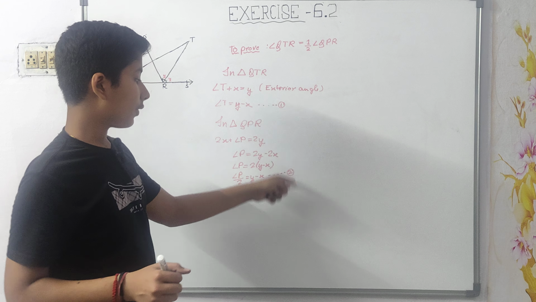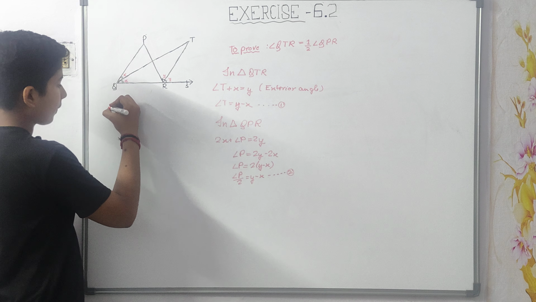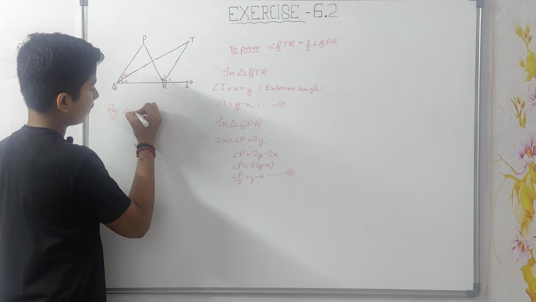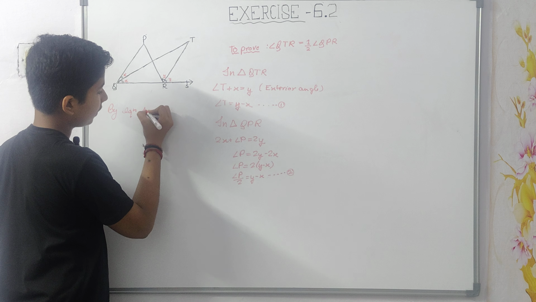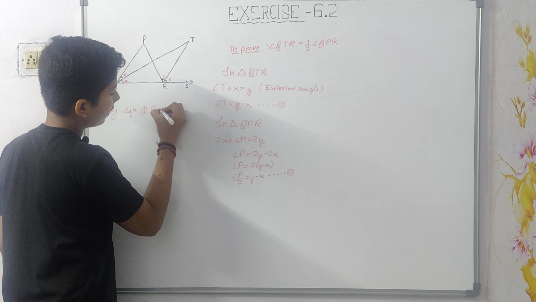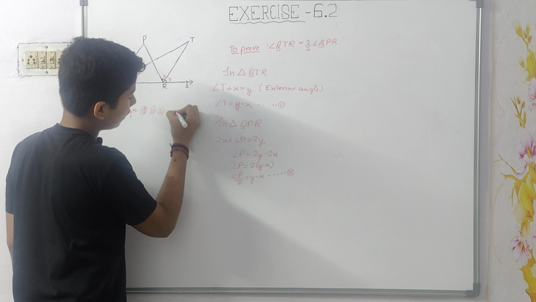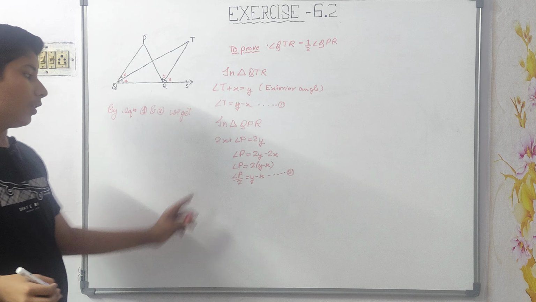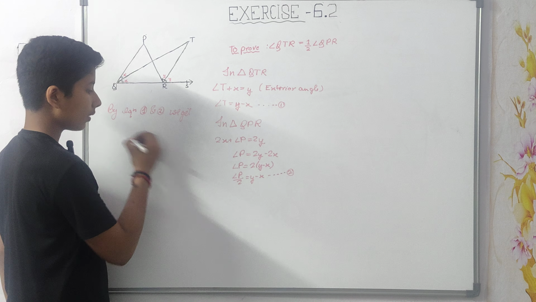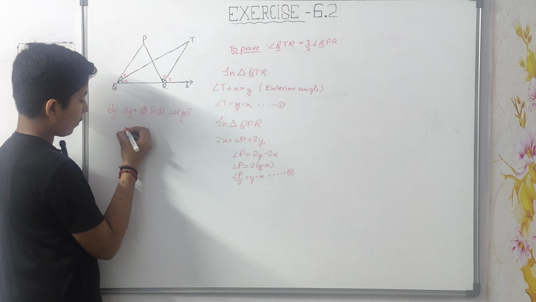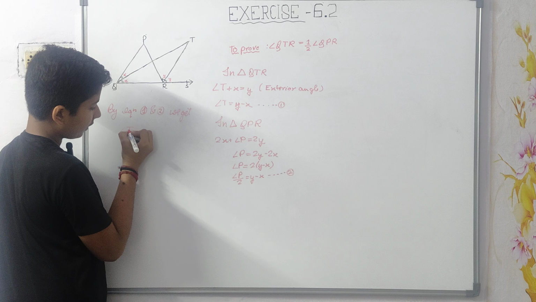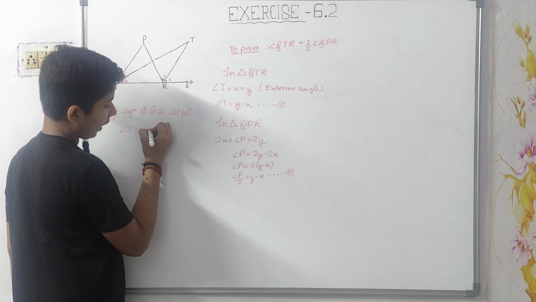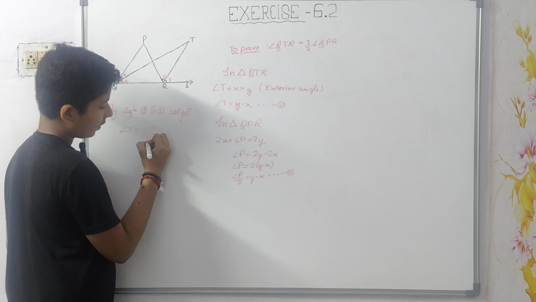So we will equate both of these. By equations 1 and 2 we get, y minus x is common, so angle T equals angle P by 2.